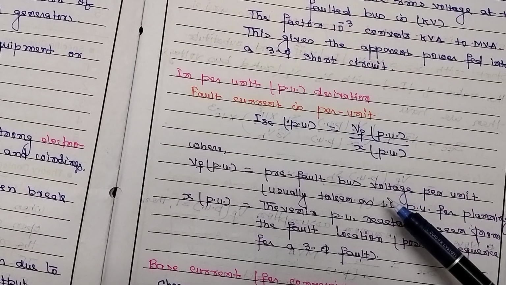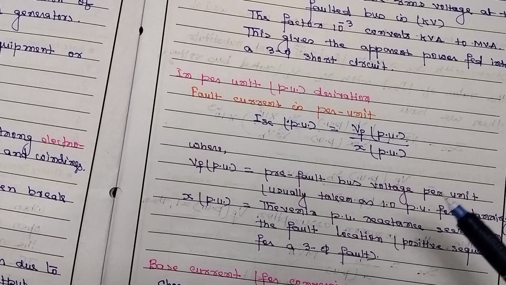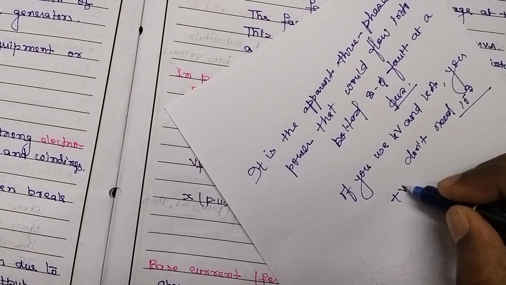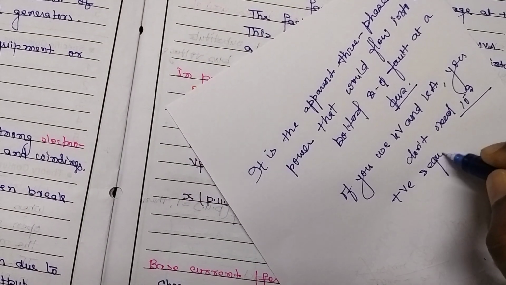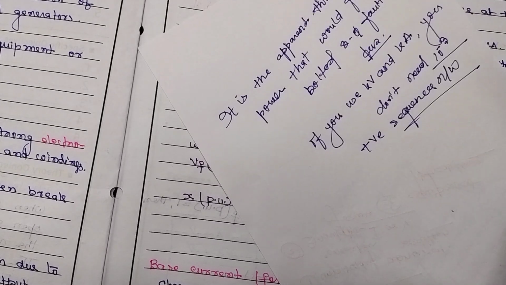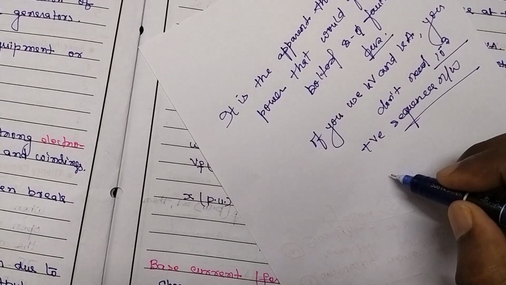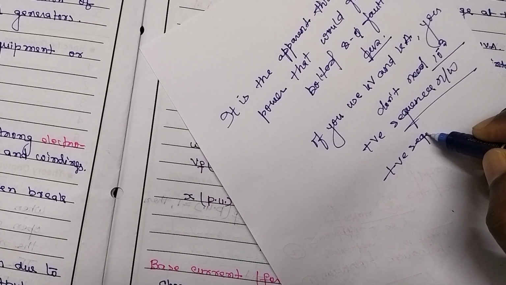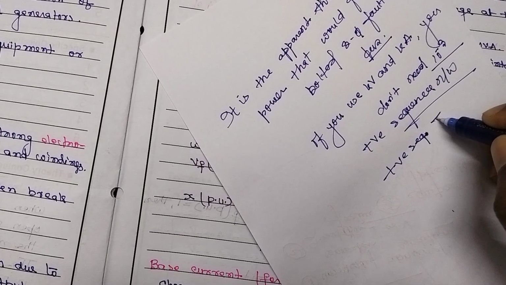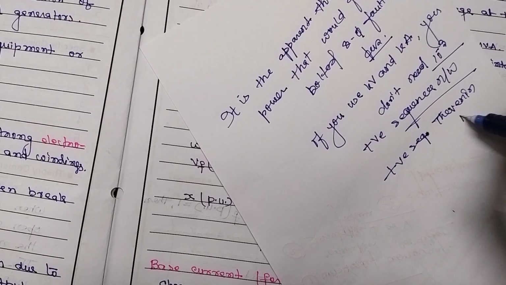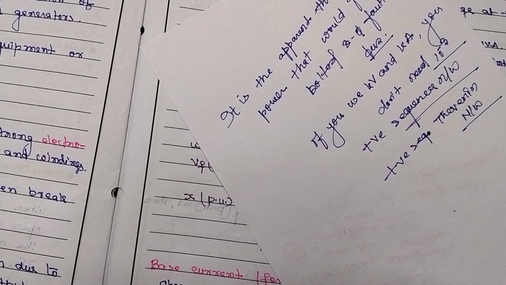For a three phase fault, the system remains balanced, so we only use the positive sequence Thevenin network.